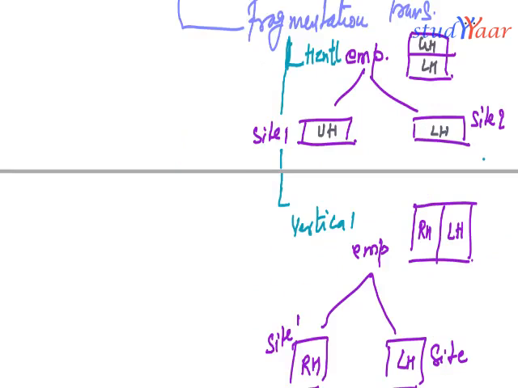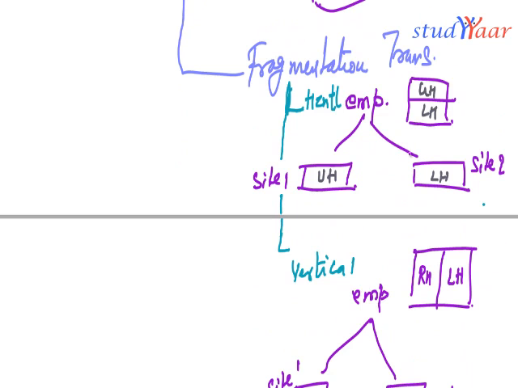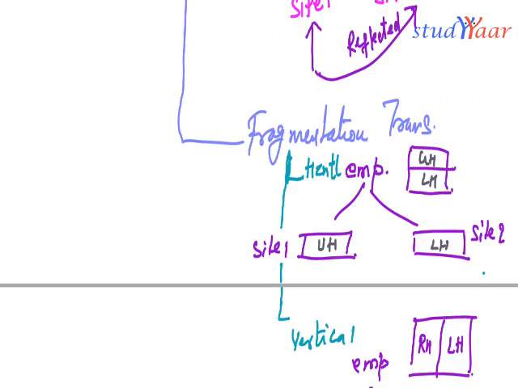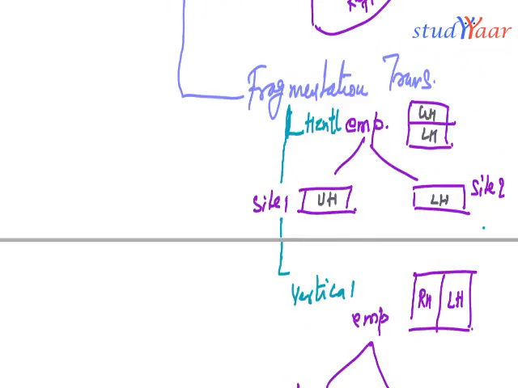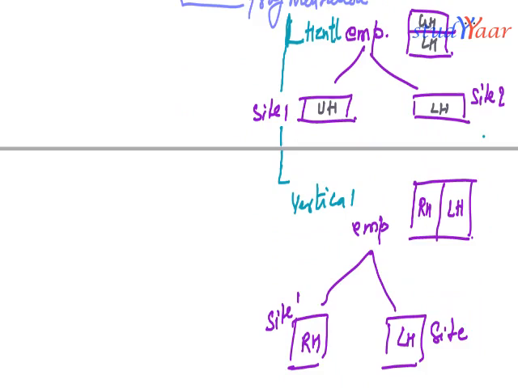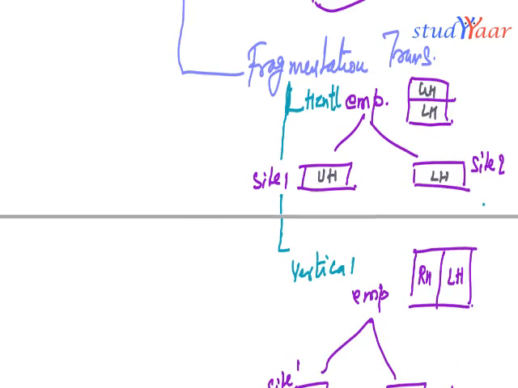That is the concept of vertical fragmentation. The transparency aspect here is that the user should not know that your relation is fragmented across different sites. He should be unaware, and you should manage the modifications. If my user says modify some tuple in my employee table, the database should realize that tuple was in the upper half, so that access now has to be made via site 1.